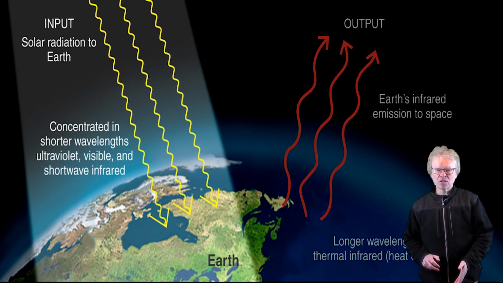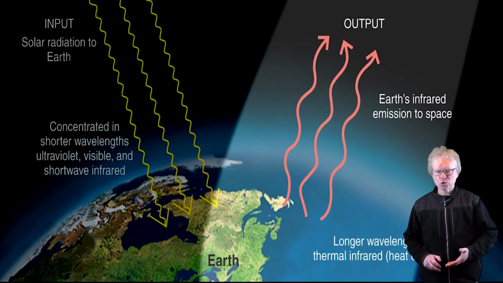It then hits the Earth's surface, and as I mentioned before, the source of the heat of the troposphere is the heating up of the Earth, and then that re-radiates that out as long-wave radiation. And long-wave radiation is much more easily trapped by the gases in the atmosphere. Okay, so that's short-wave and long-wave radiation.